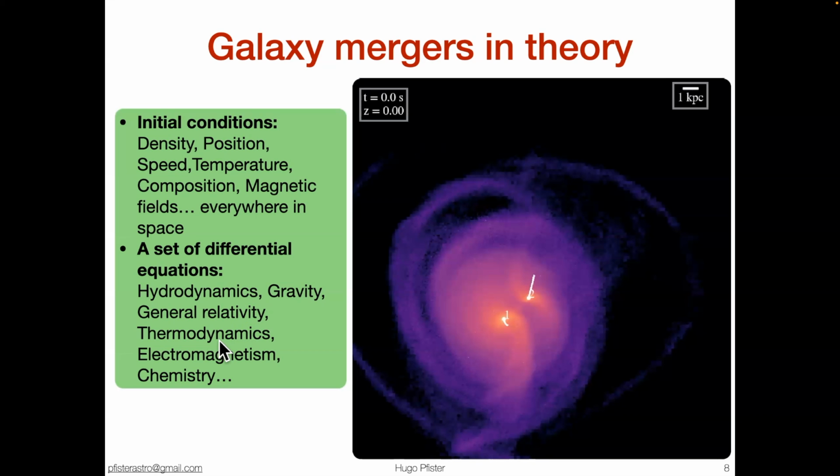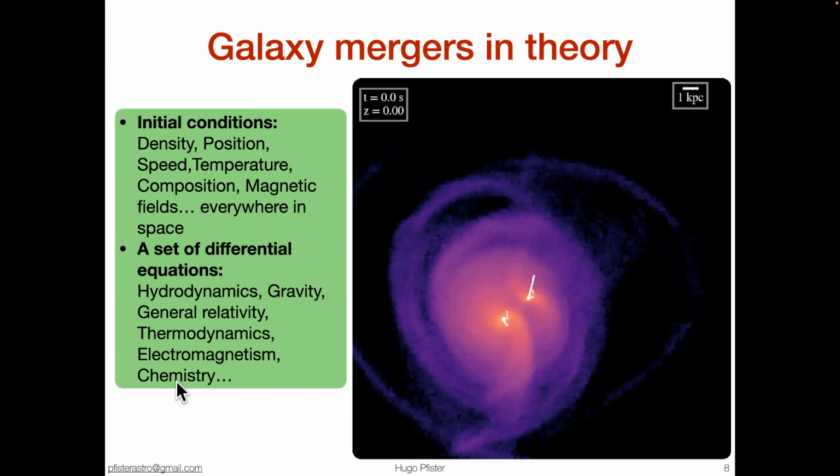Thermodynamics, which explains how the heat transfers from one direction to another. Electromagnetism, which expresses how the magnetic field lines change. Maybe some chemistry if you want to form some molecules, some radioactivity if you want to understand the decay of elements, etc.